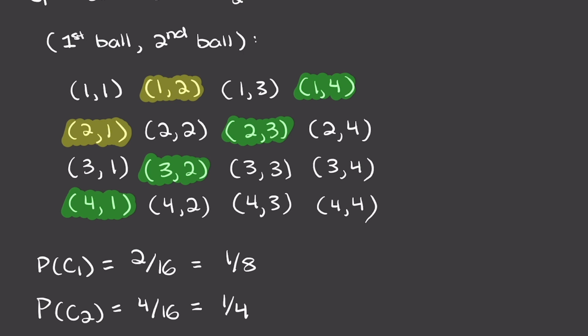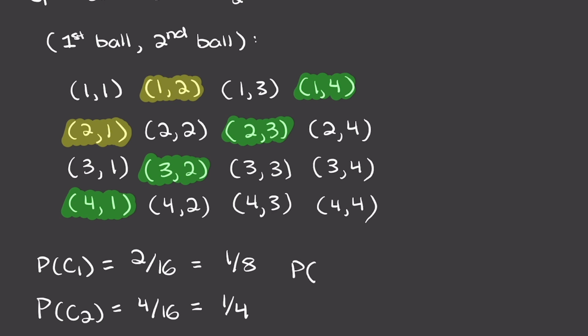Now, this is not representing everything because C1 and C2 are not exhaustive over the whole set of outcomes. There's still situations where neither of these are met, and that's what's remaining here. There's a total of 10 out of the 16 that don't fall into any of these.